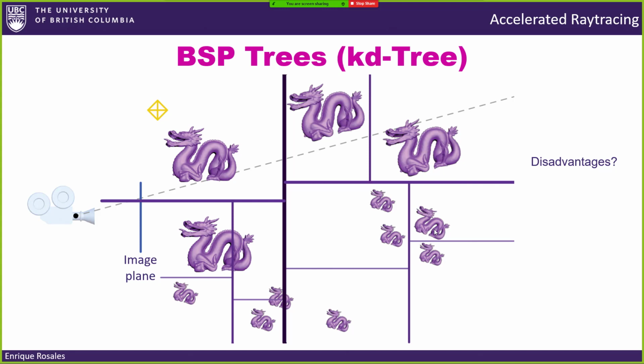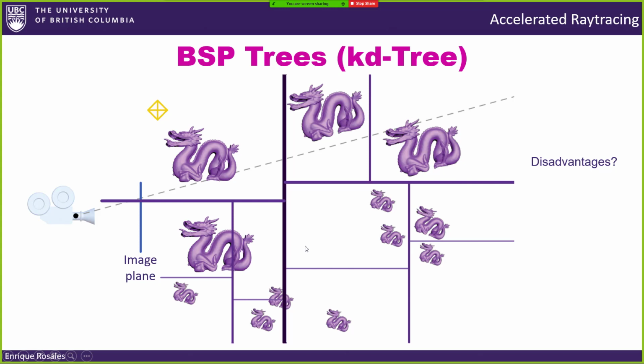So what you do is you duplicate the object. The object will be on the list of one side and also on the list of the other side. Eventually, the ray will hit only one of those sides, but the object that is in the middle of a plane will be duplicated.